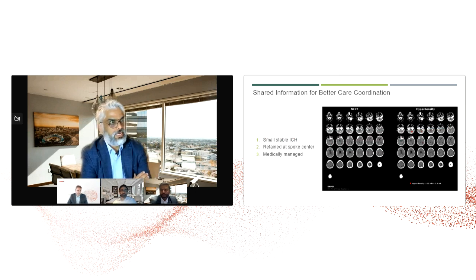So I think this is one of the examples we have picked, about hyperdensity. As we know, there's detection, and the best thing about this particular software or AI technology is how accurate it is.